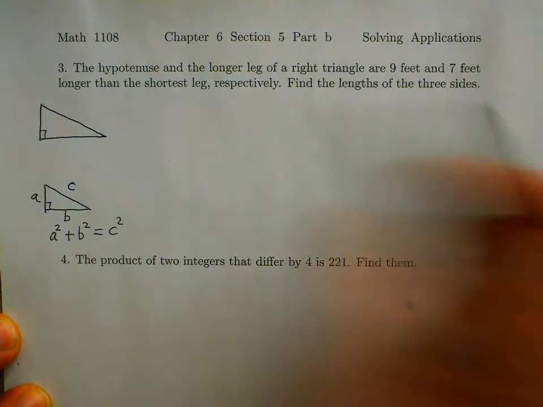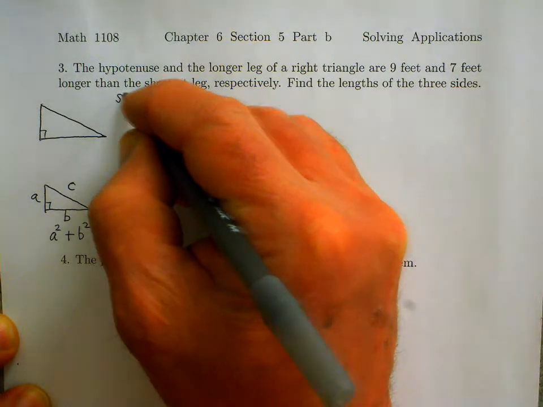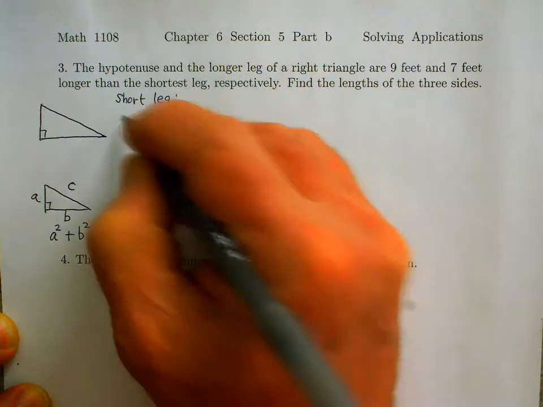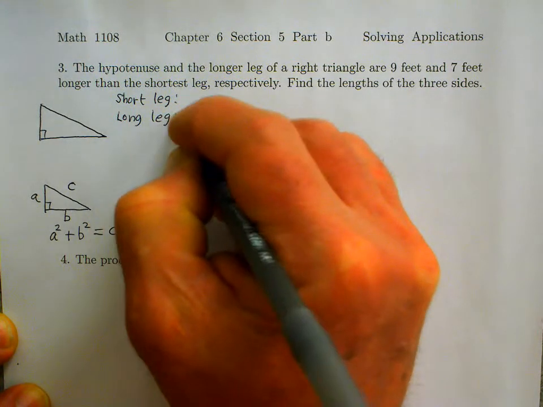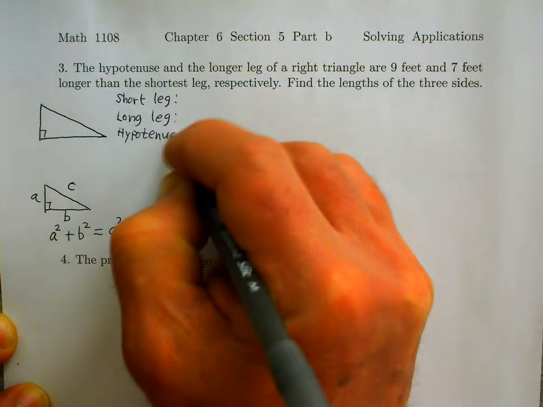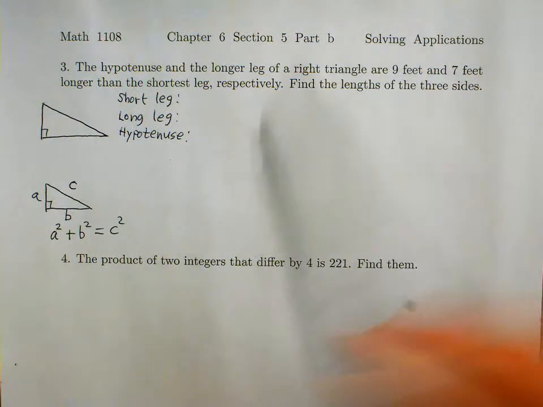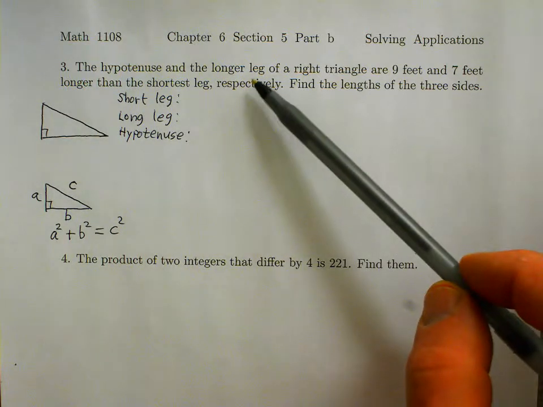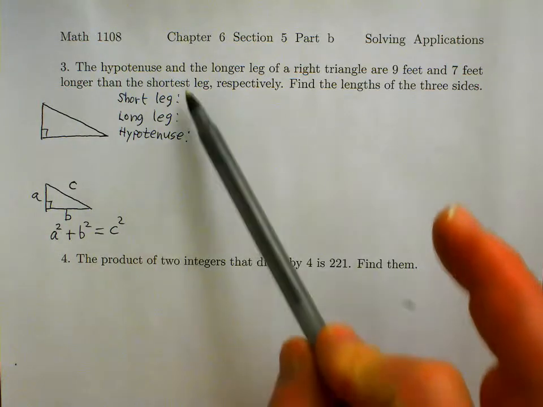Okay, here's a general strategy, not just for right triangles. I'll write short leg, long leg, and hypotenuse. In this particular problem, both the hypotenuse and the longer leg are described in terms of the shortest leg.